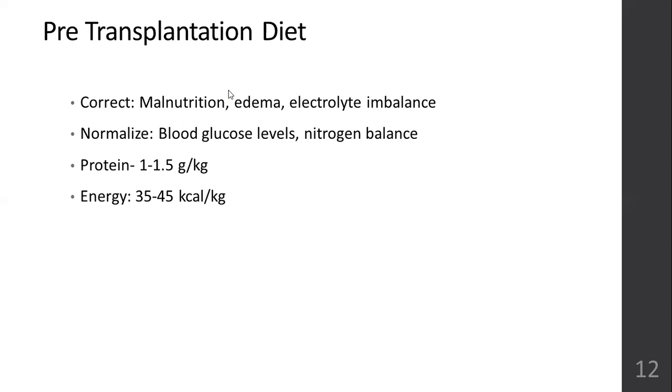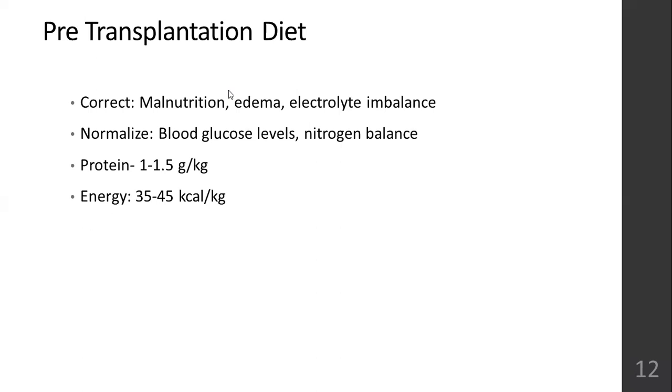To reduce edema, the patient could be put on diuretics. Sodium restriction can be done. All these strategies will be used to correct the malnutrition, edema, or electrolyte imbalance before they go into the surgery. They have to get a normal blood glucose level, normal nitrogen balance as well.